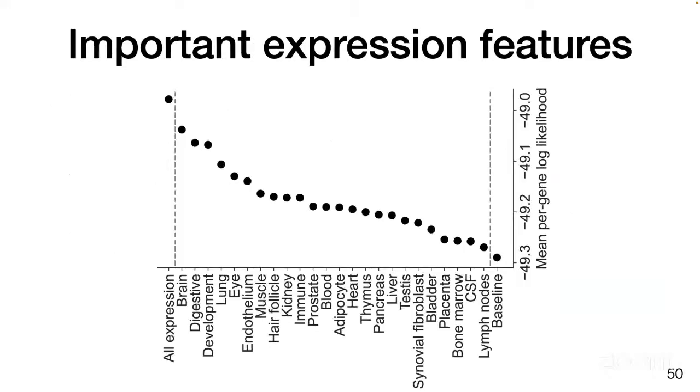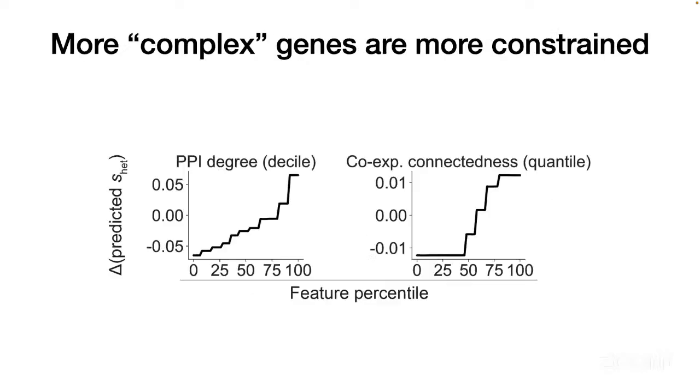I'll show what these look like. Sorry for the sideways plot, but this is a measure of how important a set of features are. This says that expression patterns in brain, digestion, and development are all quite important for predicting constraint. So we think where genes are expressed is very important.